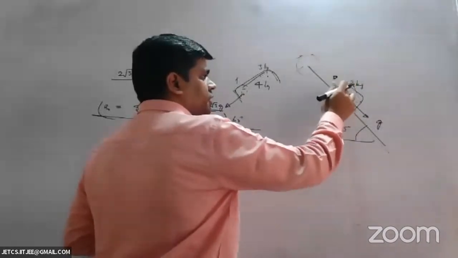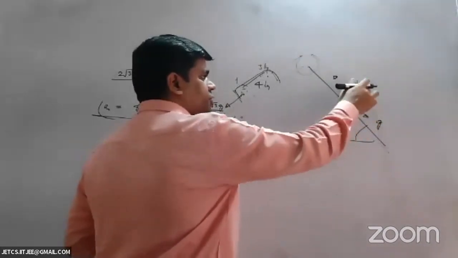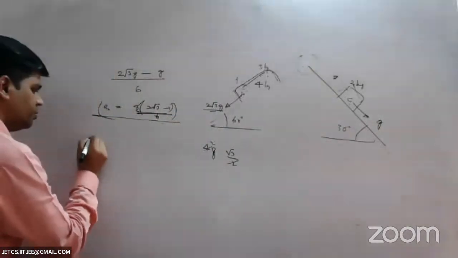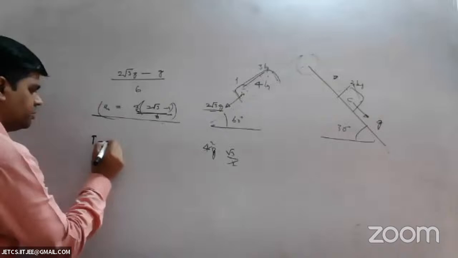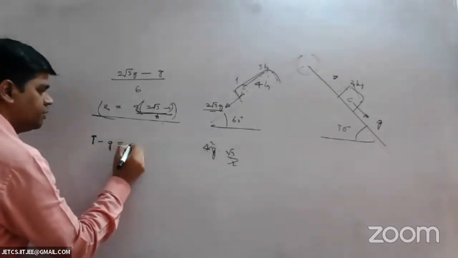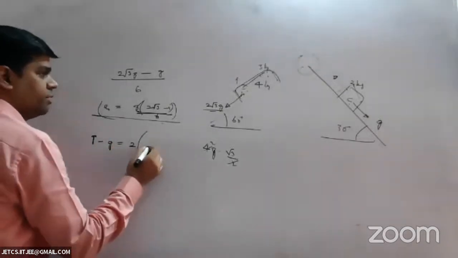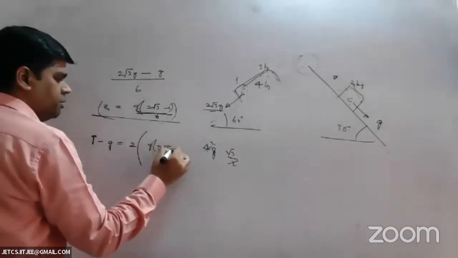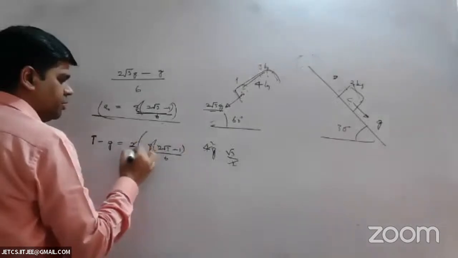So for the tension over here, T minus G is equal to 2 times M into A, which is G into (2 root 3 minus 1) by 6.